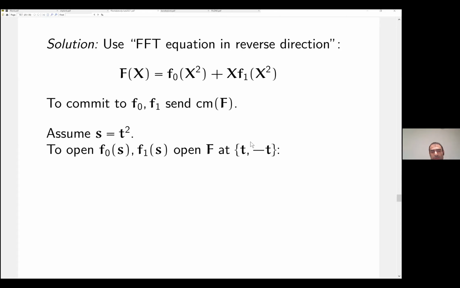And now let's assume our opening point S is a square. So to verify f0 of S and f1 of S, we will open F at the points T and minus T. Now, why does this work?